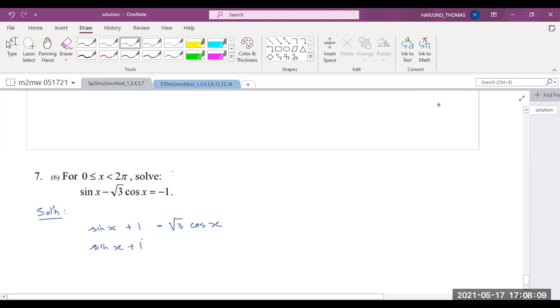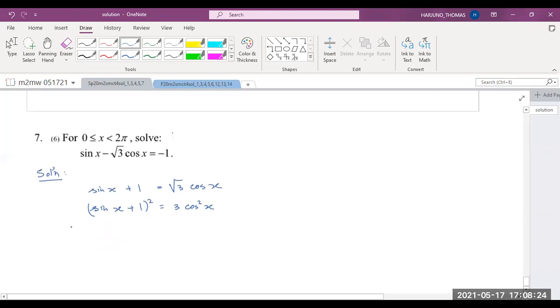Now the weakness of this method is that because we square both sides, each final answer we have should be checked against the original equation. Okay, so this is sine squared x plus 2 sine x plus 1 equals 3 times 1 minus sine squared x.